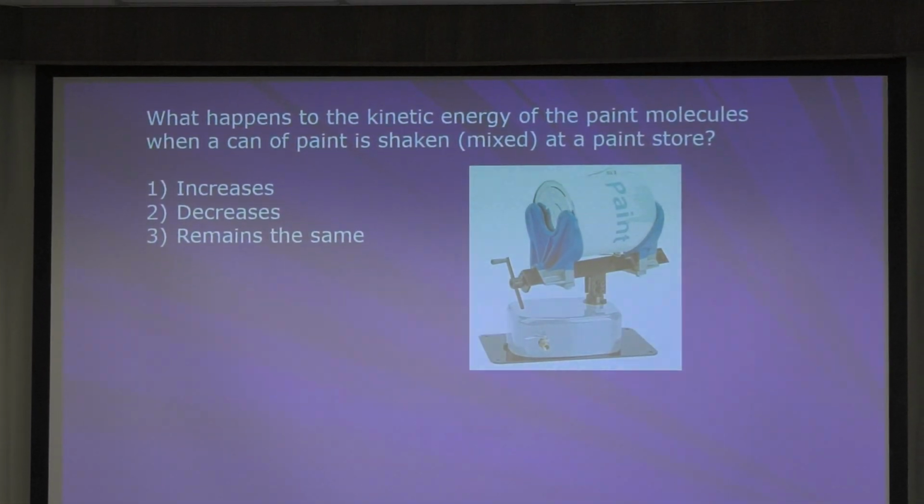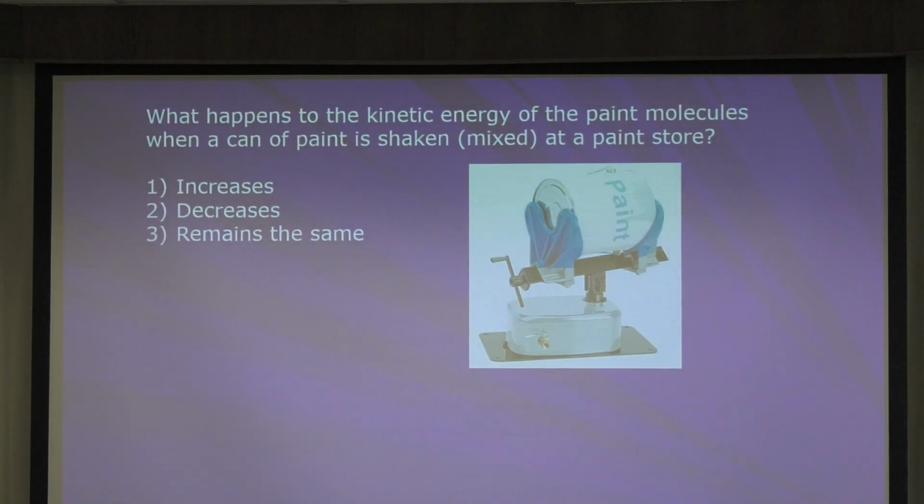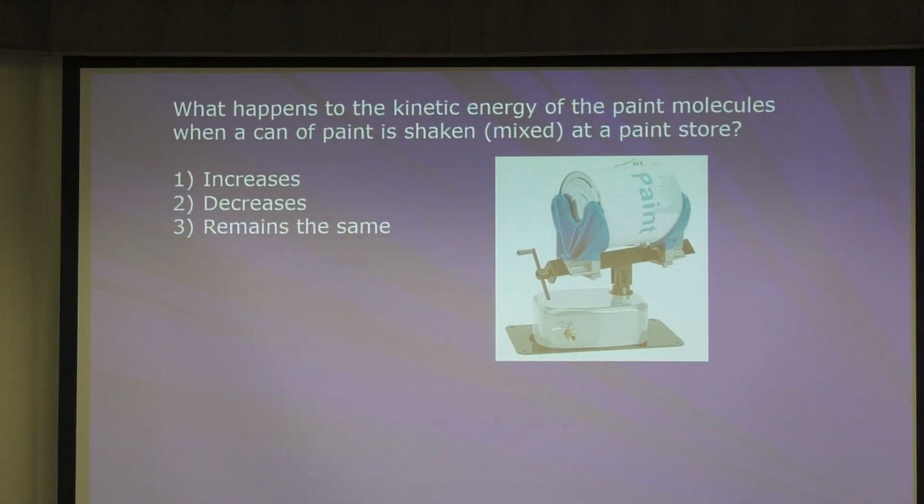You just bought a can of paint. They put it on a paint shaking machine so you don't have to stir it so much when you get home. So what happens to the kinetic energy of the paint molecules when a can of paint is shaken or mixed at a paint store? Okay, so pause your video and figure it out.